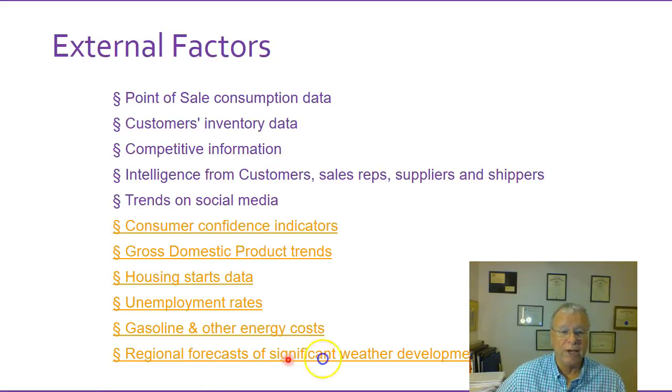But here's a whole bunch of economic things, and all of these enter into it as well. And so if you're not familiar, if you're not using economic indicators, you should begin to familiarize yourself with those indicators that could drive your quantitative models to a better answer.